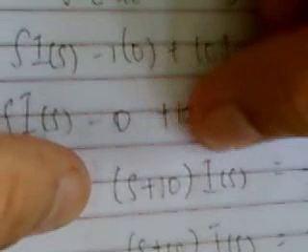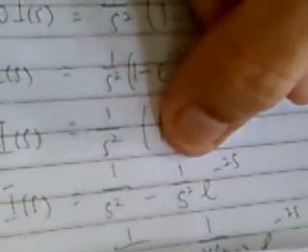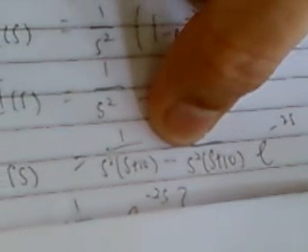Then we take out the common factor, which is I(s). We are left with (s plus 10) equals this. Then the next step will be to expand this to this.